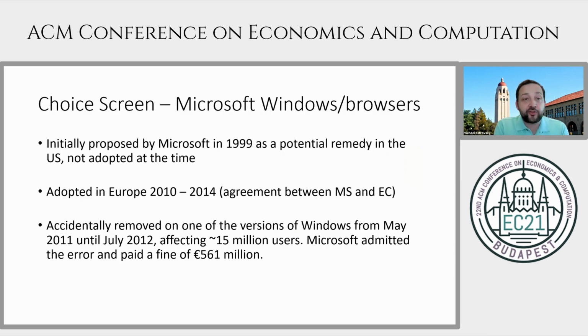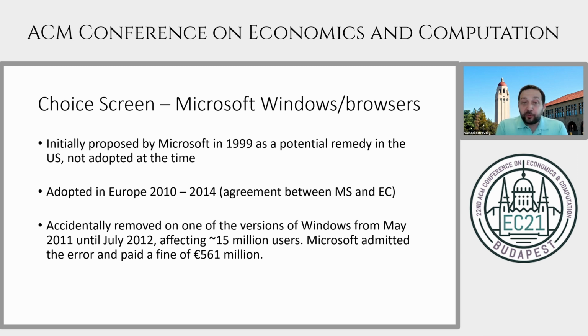So let me first talk about choice screens. The idea of a choice screen goes back to 1999 and was initially proposed by Microsoft as a potential remedy in the Internet Explorer Microsoft Windows tying case.